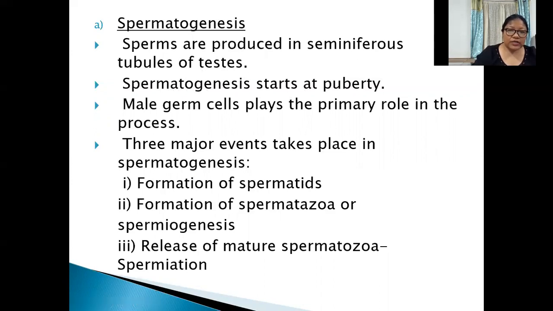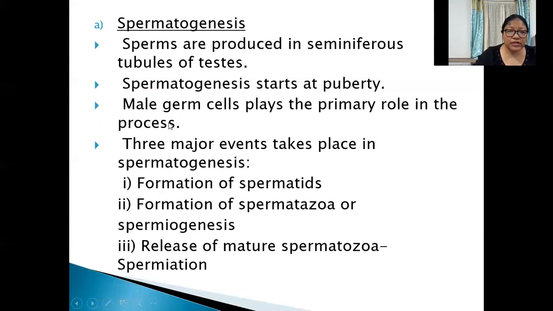This process is initiated only when the male attains the age of puberty, and that is when he enters the reproductive phase. Before that, in the juvenile stage, sperms have not been produced in his body. That is why it is said that he has not entered the reproductive phase. A male will be able to produce sperms only when he attains the age of puberty.